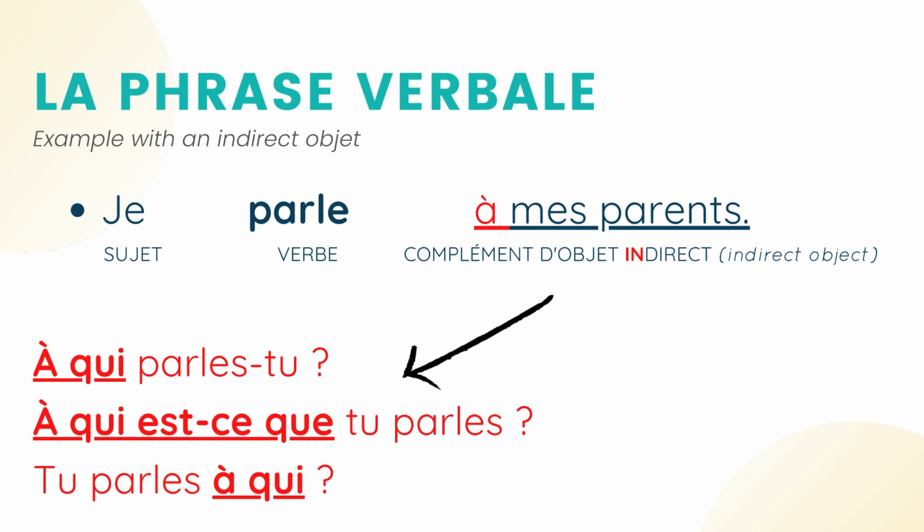Or tu parles à qui? So even in my questions, I'm using the preposition and I'm using qui or quoi. D'accord? Like to whom or to what, for instance. But for the course of today, I just want to focus on to whom for the use of indirect object pronouns. D'accord? Je parle à mes parents.